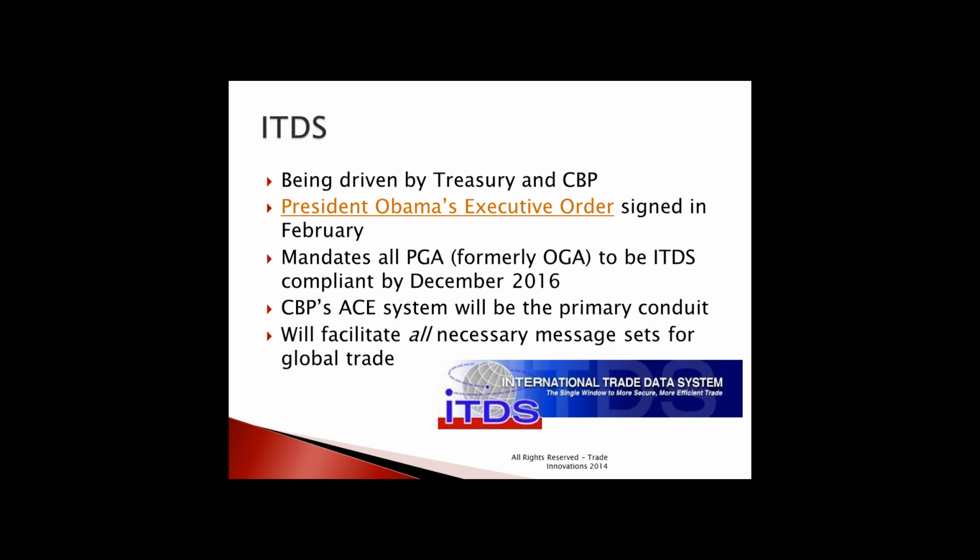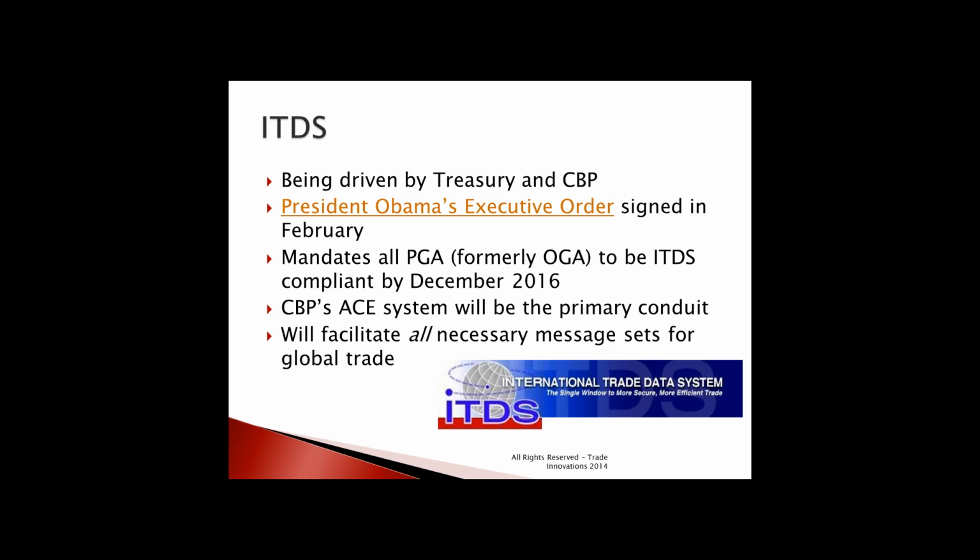So no longer will we have these disparate websites that have been set up perhaps by Fish and Wildlife. Today, if you have something that's controlled or regulated by Fish and Wildlife, you can't send the necessary declaration or certificate through the current ACE or ABI platform that CBP maintains.